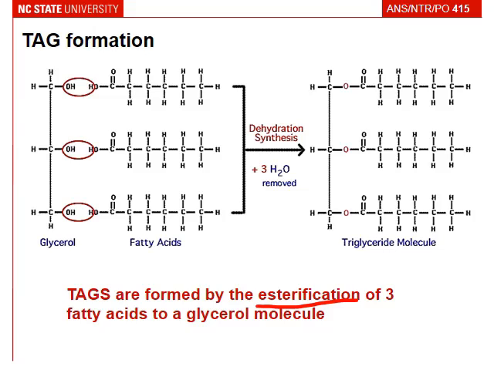So this is a dehydration reaction. 3 waters are removed, 1 water for each esterification or ester bond that is formed. So here we have our ester bond, which is our carbon, oxygen, carbon, double bonded to an oxygen. So this is our ester bond right there.